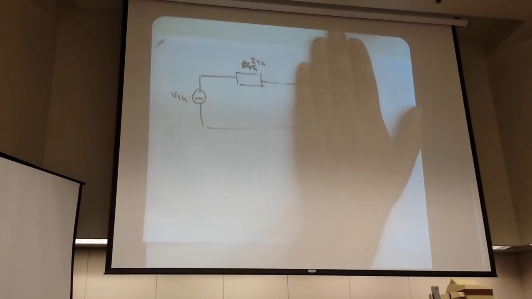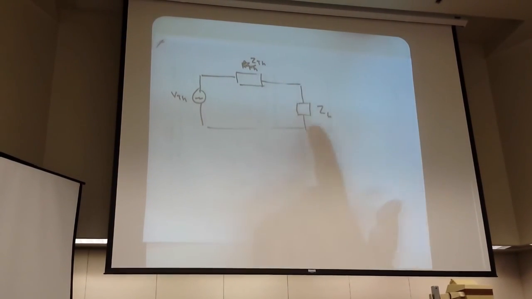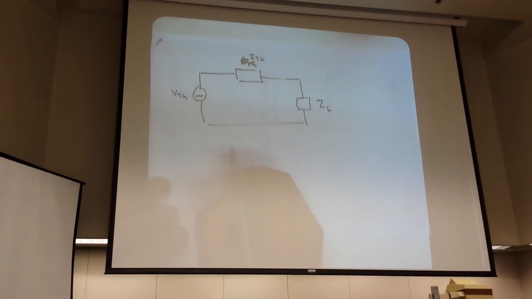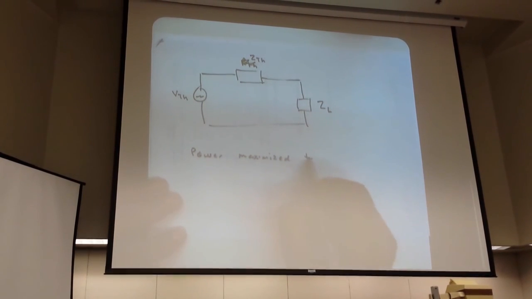We can have inductors, capacitors, resistors. As long as our load is unchanged, we can do equivalent circuits and find a V Thevenin and a Z Thevenin. And in this case, power is maximized to ZL when ZL equals Z Thevenin conjugate.